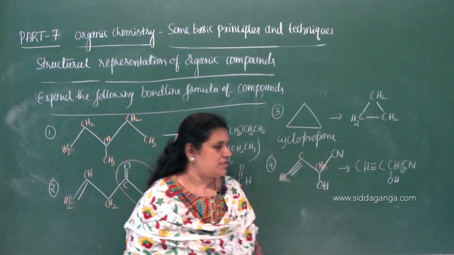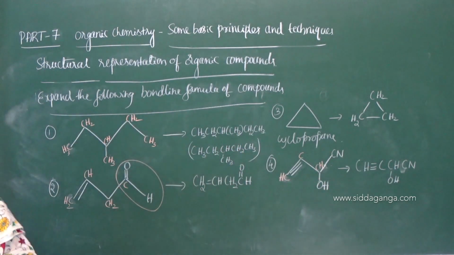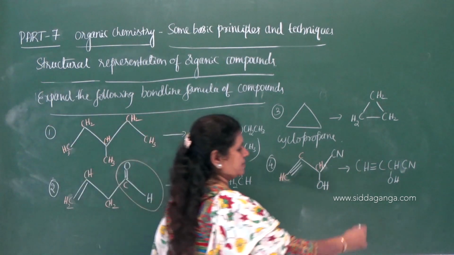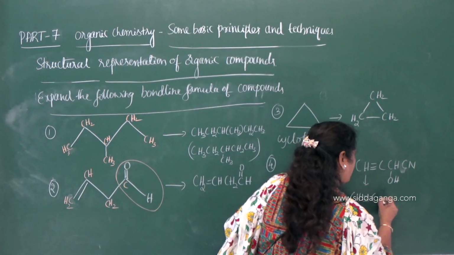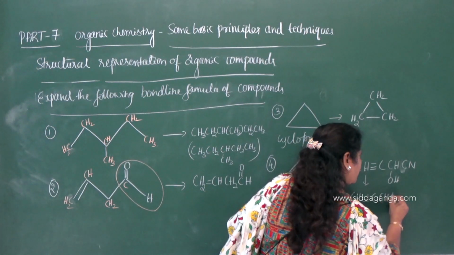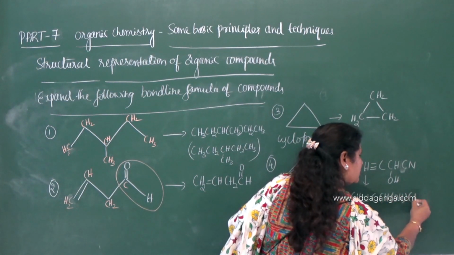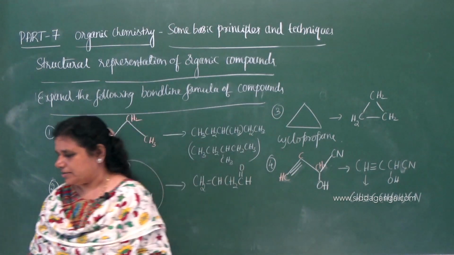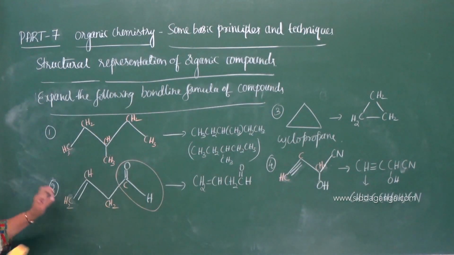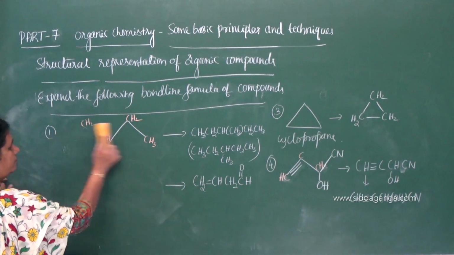Therefore it is CHOH, CN. Or you can also represent this as CH triple bond C, CHOH, CN. You can also represent the compound in this way, as a condensed formula. Now move on to the next one.